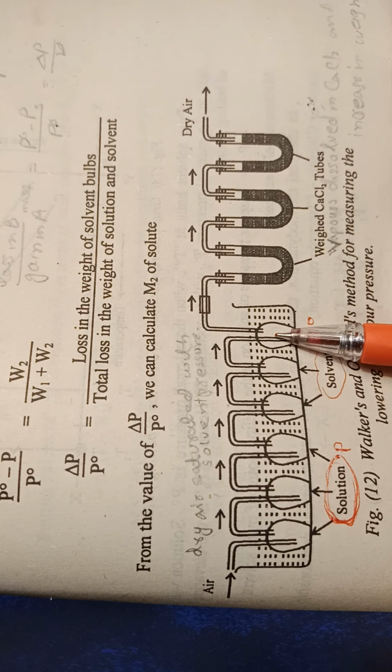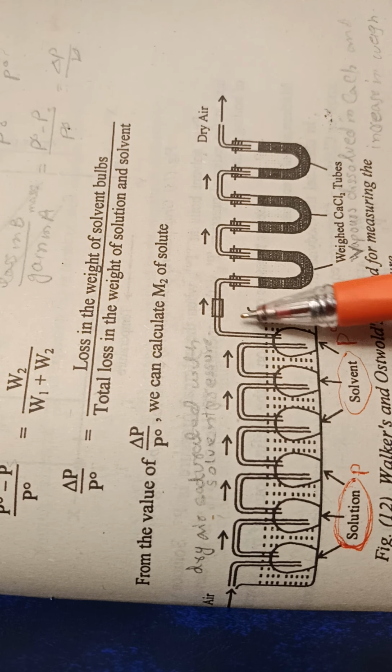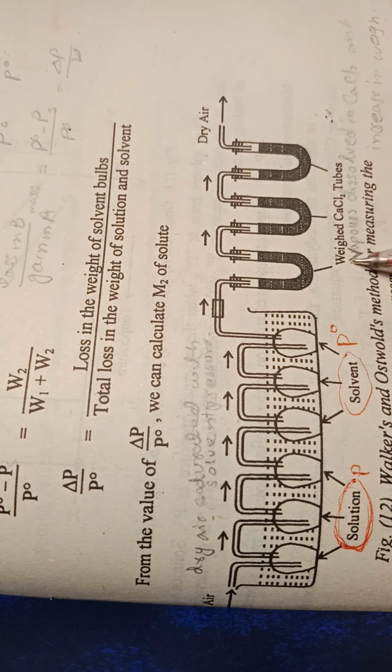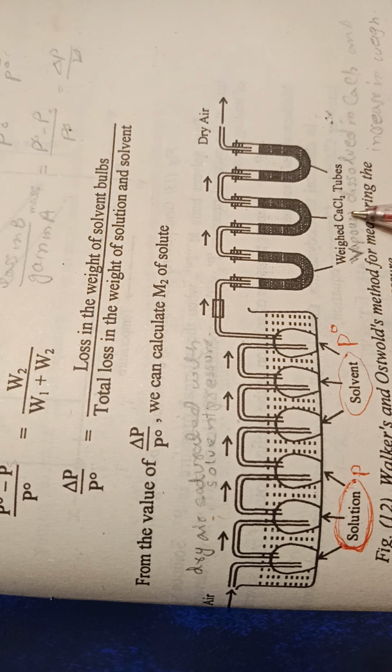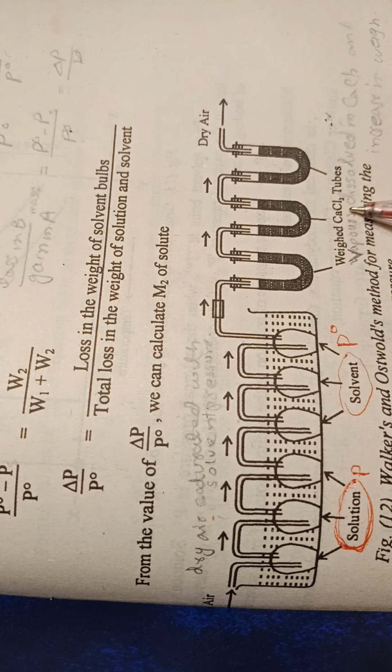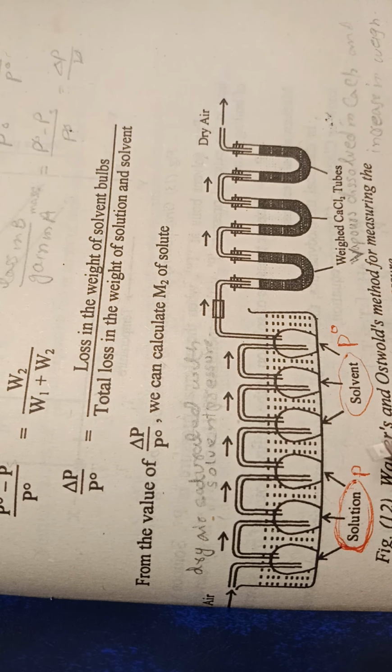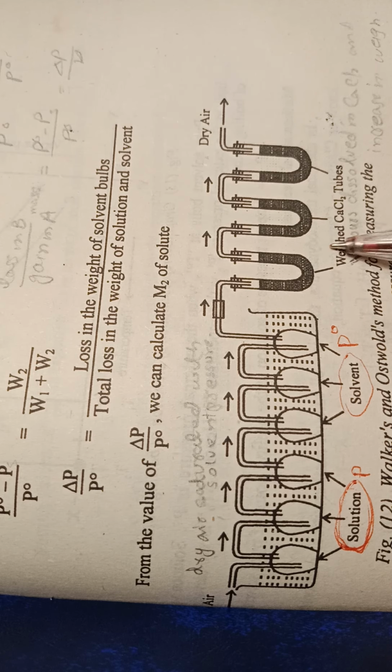Then this wet air is passed through the U tubes containing an already weighed amount of anhydrous calcium chloride, which has the ability to absorb the vapors from the air and make it completely dry.